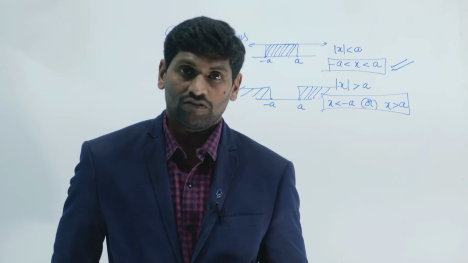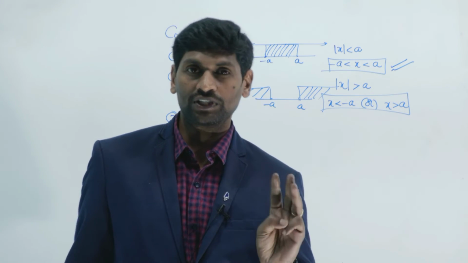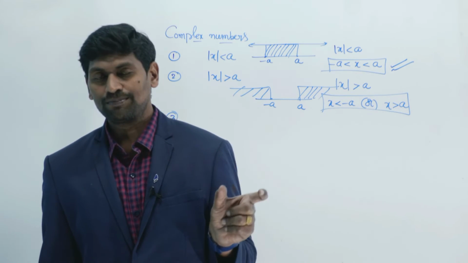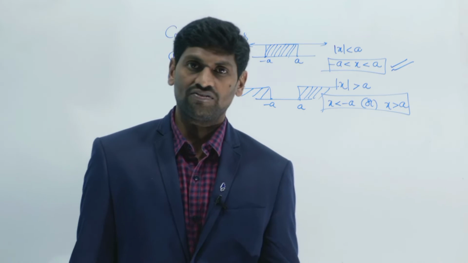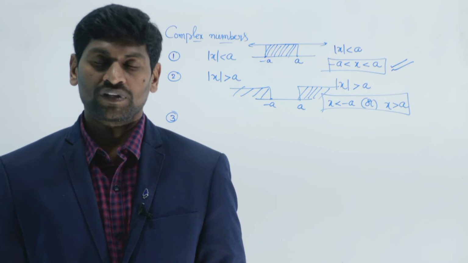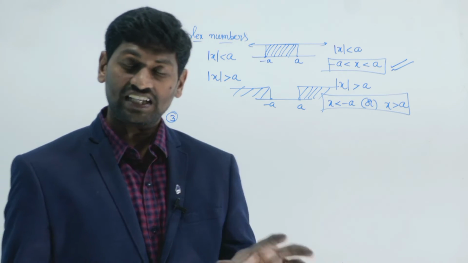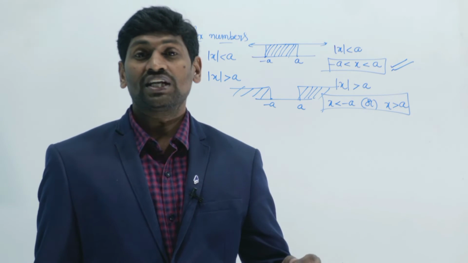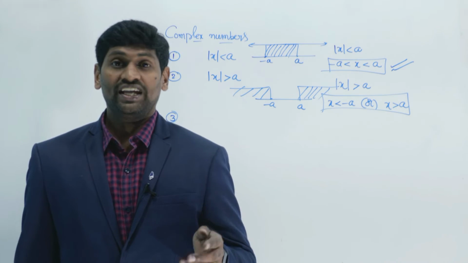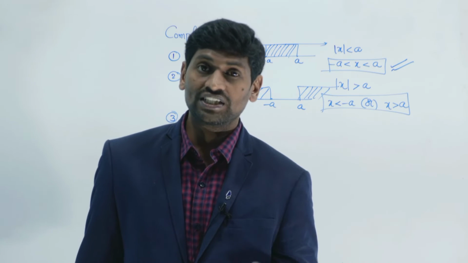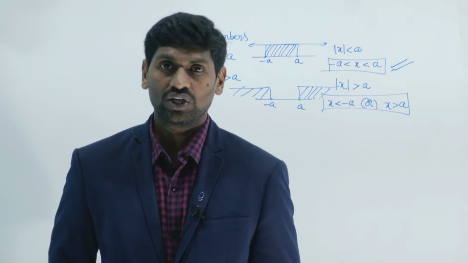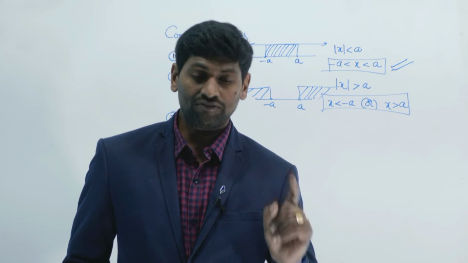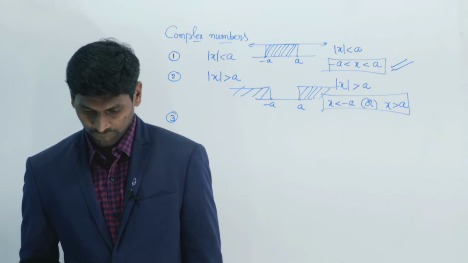Mainly two or three properties we discussed: modulus of x plus y, modulus of x minus y. Same way, modulus of x minus y is greater than or equal to modulus of x minus modulus of y. So the first option is true.